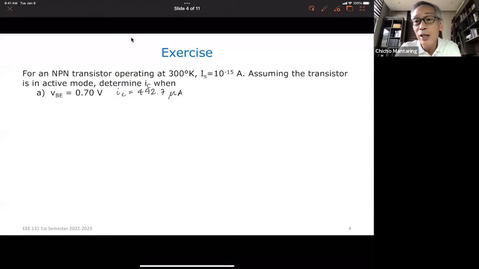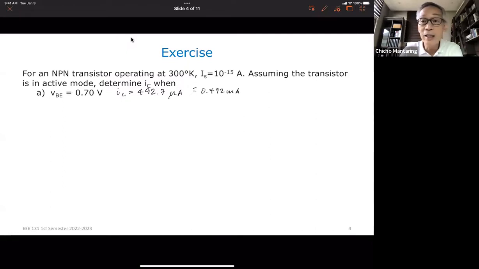In engineering notation, your answer should always be a number between 1 and 999.999, multiplied by an engineering exponent, in multiples of 3. So you have milli or micro or what have you. But I'm not going to be that strict about it. So this is 492.7 microamperes, which is also equal to 0.492 milliamperes.